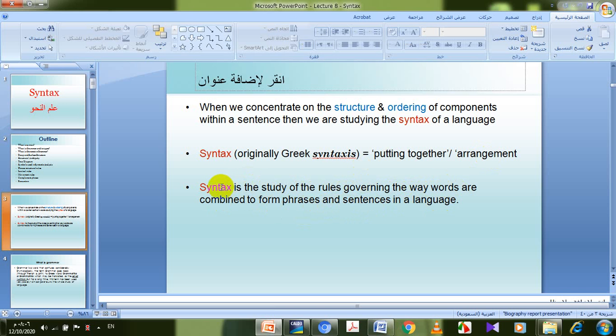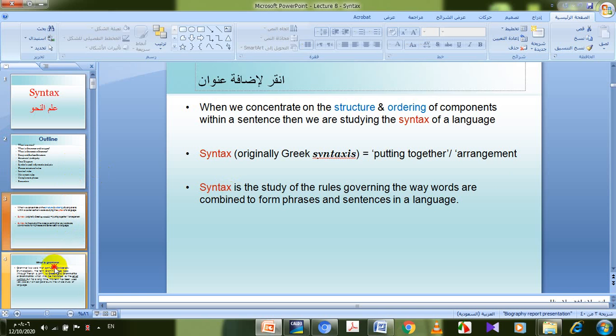So it is very easy, and I think we have already discussed this concept of syntax. So again, syntax is concerned with the structure and ordering of the components within a sentence, or it focuses on the rules that govern the way words, phrases, clauses are combined, okay, within a specific sentence or in language in general. So this is the concept of syntax.